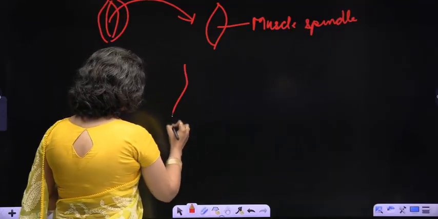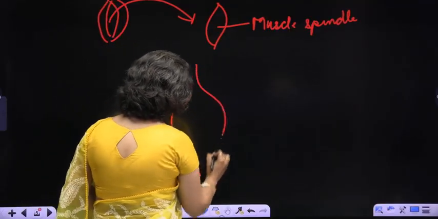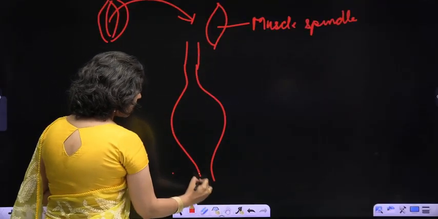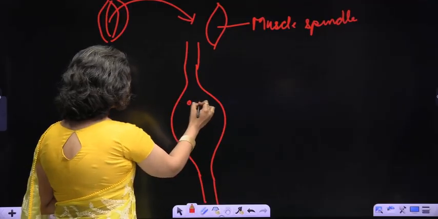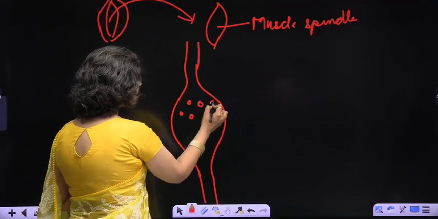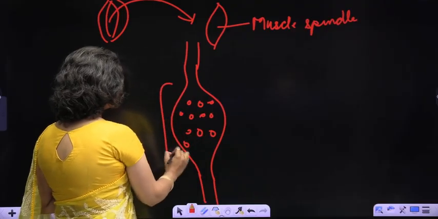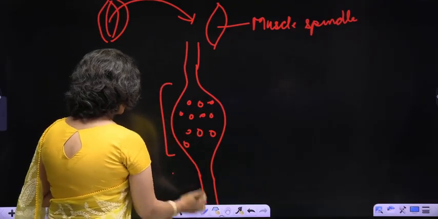So this is the representation of nuclear bag fibers. These nuclear bag fibers have a centrally dilated part and they contain several nuclei. Here are the nuclei. The central part is non-contractile.